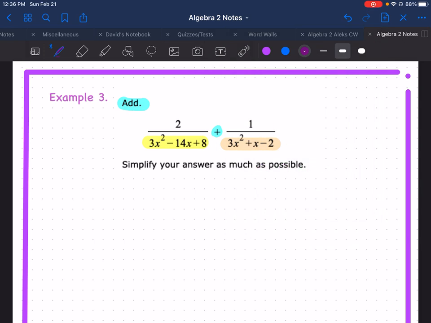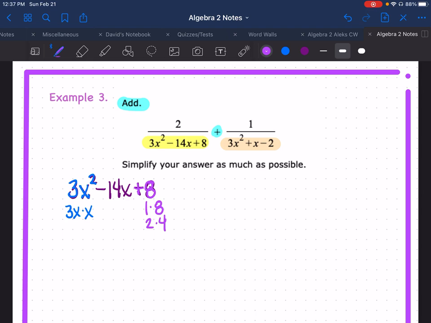So let's start by taking our 3x squared minus 14x plus 8, and let's factor it. So 3x squared is going to be 3x times x, and 8 I can think of as 1 times 8, or as 2 times 4. Now I've got to decide which one I'm going to use.